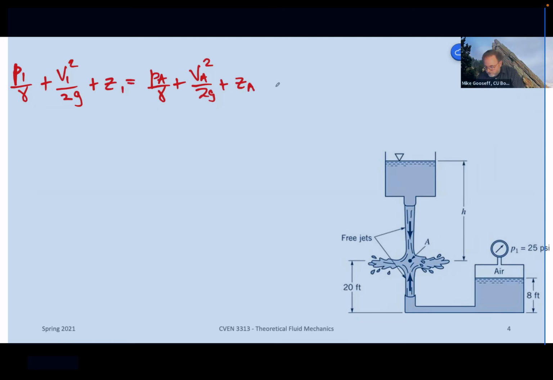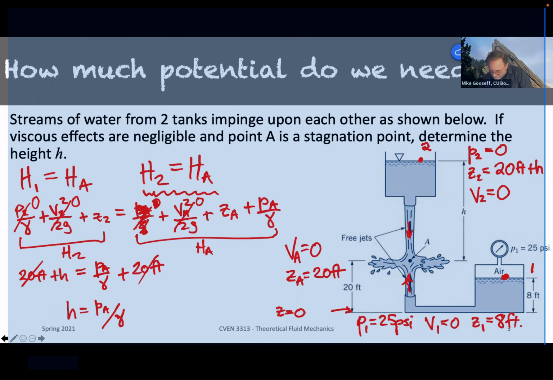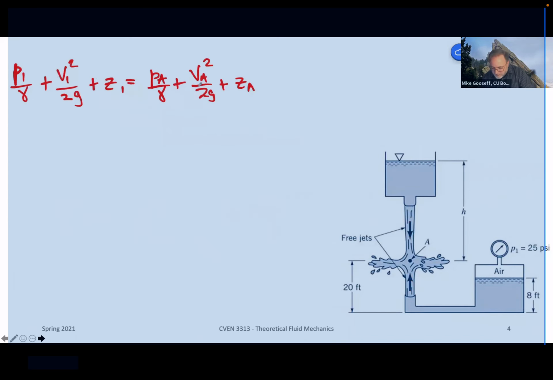And now we said before that P1 is equal to 25 PSI, V1 is equal to 0, and Z1 is equal to 8 feet. On the A side, we're going to retain PA over gamma and ZA. So the only thing that will cancel on the A side is that kinetic term. Okay, so V1 goes to 0.